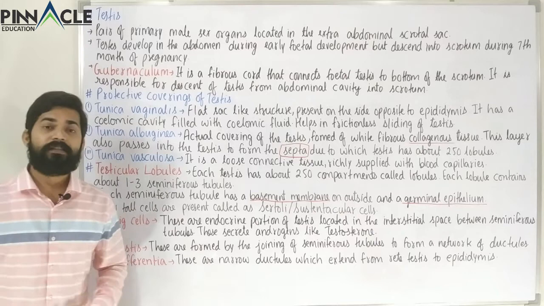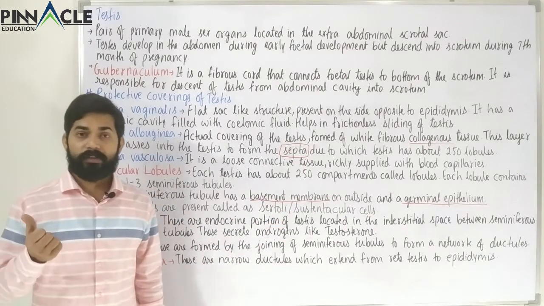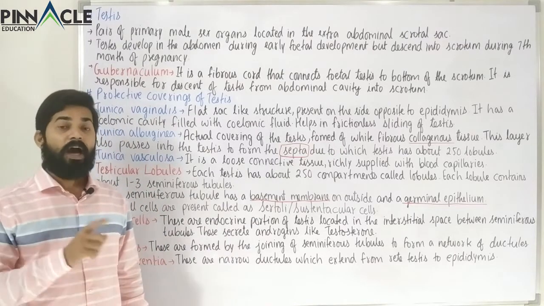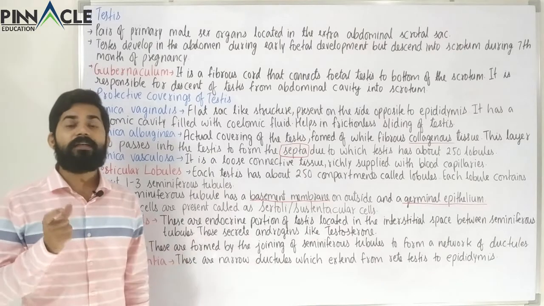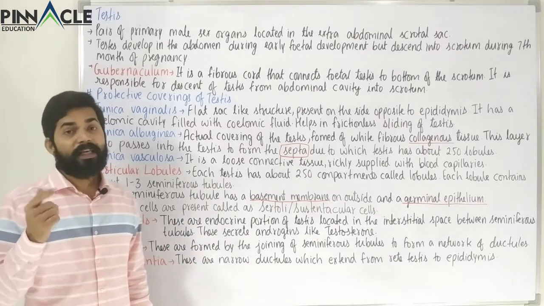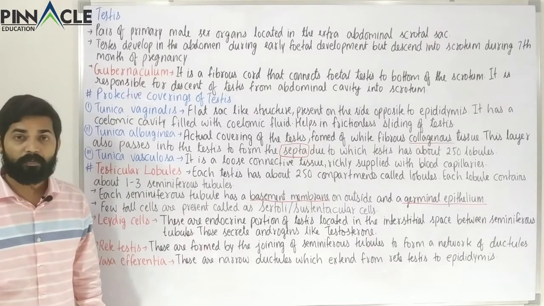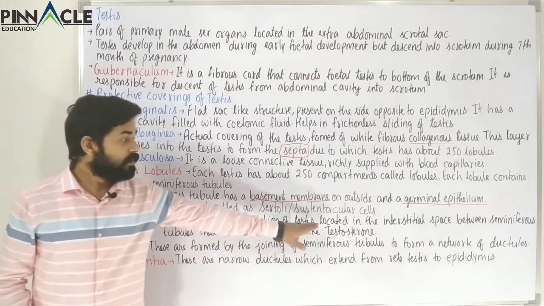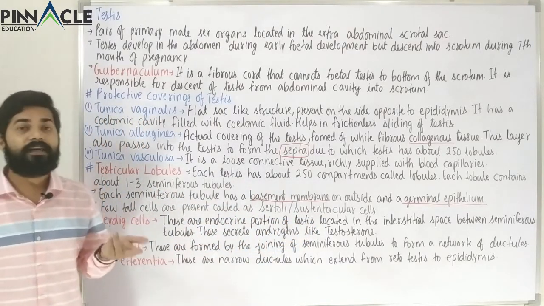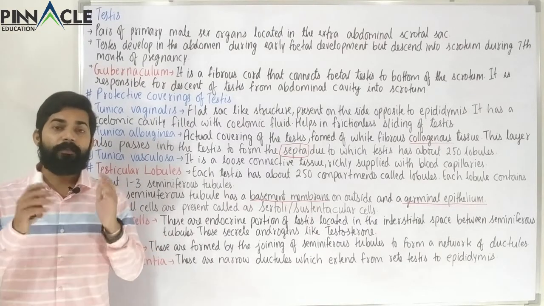One more function is that they secrete something called ABP, the androgen binding protein. It will concentrate the testosterone inside the tubule. Apart from that, they also secrete another hormone called inhibin. That inhibin will inhibit FSH synthesis, that is follicle stimulating hormone, that is, these sustentacular cells secrete the inhibin, which inhibits the FSH release from the pituitary gland.